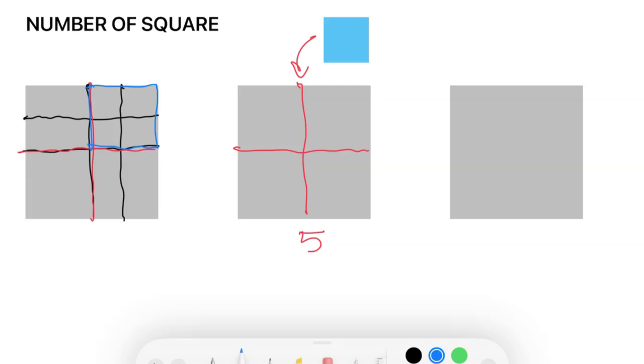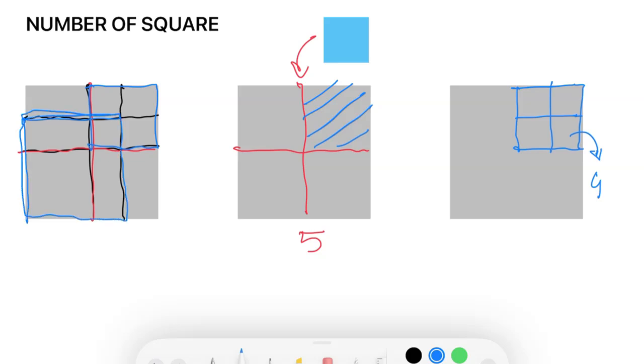Let me draw another thing, which is this part. So what is happening in this part? Now this part, if I consider it, because this is already counted here, we won't count it, we will just count 4. So we are getting 4 here. Now this is also a square here. Most people will miss this square. This is something that you need to understand, because when we form 1 by 1 squares, we form 2 by 2, we form 3 by 3, we form 4 by 4 squares.